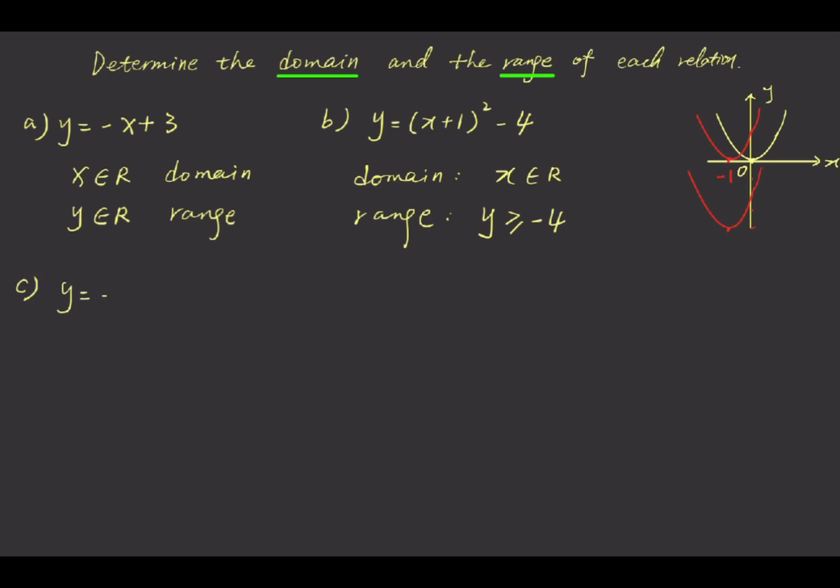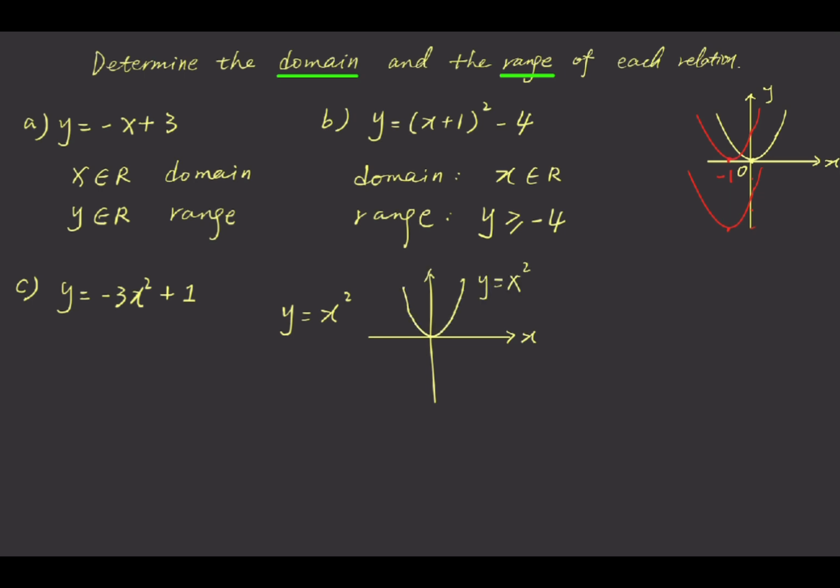Question C. y equals -3x squared plus 1. For this relation, we observe this part, and we should think of this basic or parent relation. For this base relation, of course, we are familiar with its graph, it should be like this.